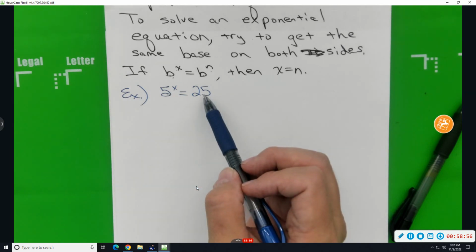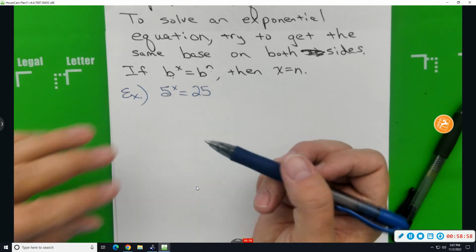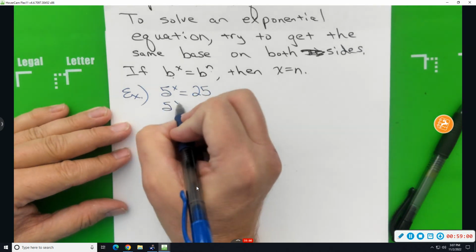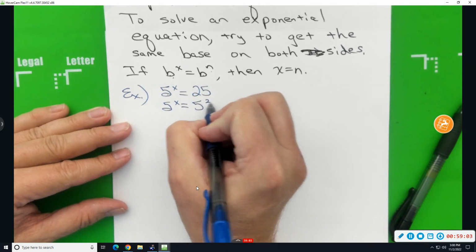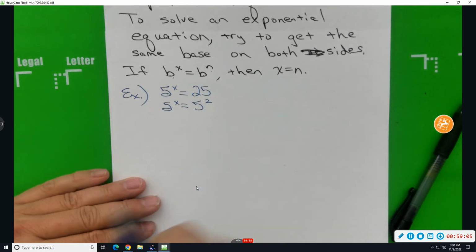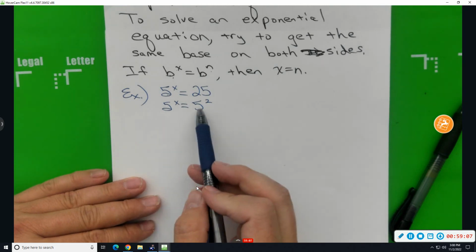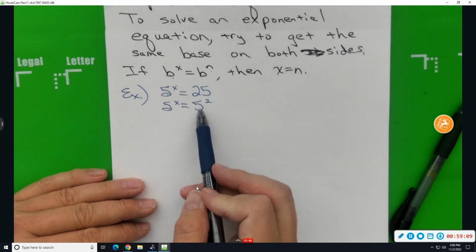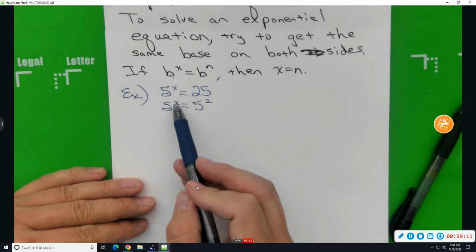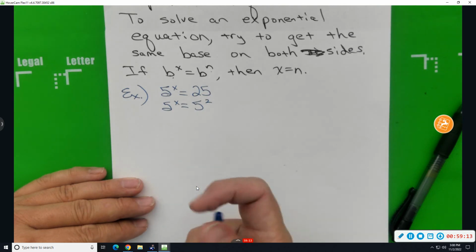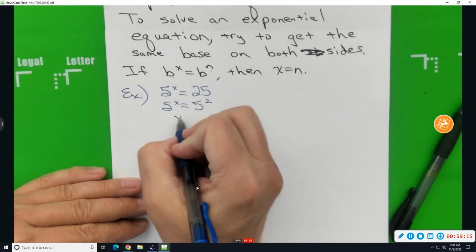Can we rewrite this number here as a power of 5? Sure, 25 is the same thing as 5 squared. If the bases are equal, the only way the left side can equal the right side is for the exponents to be equal. That x has to equal 2.